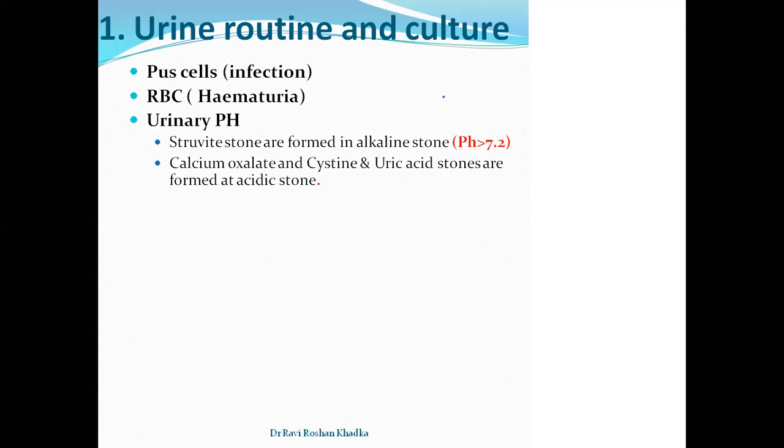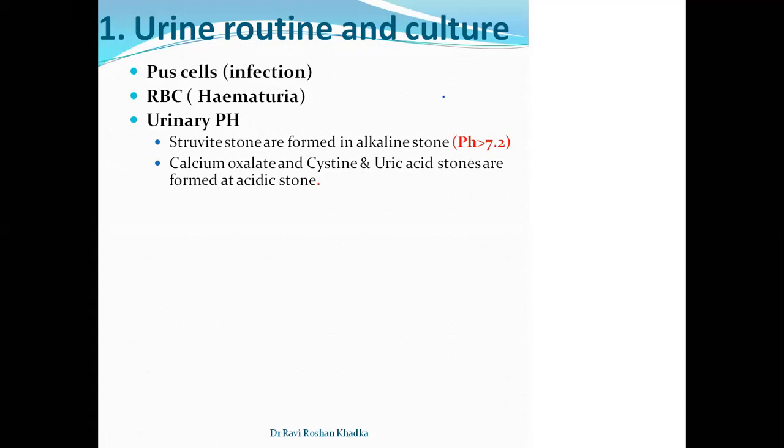For the prevention, we can prescribe some medication that can alter the pH of urine to alkaline, like we most commonly use the oral citrate. The oral citrate makes the urine more alkaline and prevents the uric acid stone formation or oxalate stone formation. That's why this knowledge is very crucial.